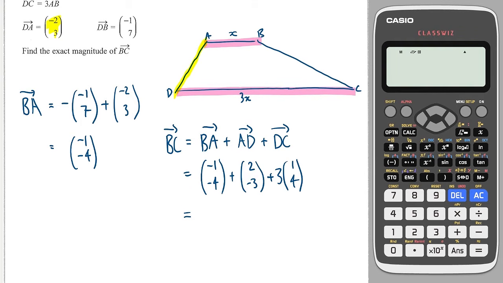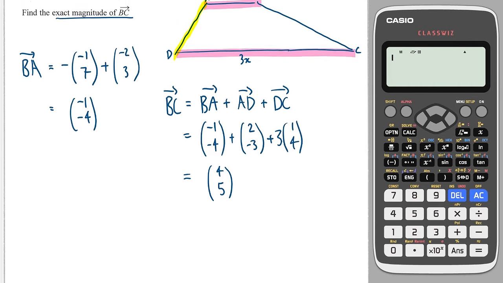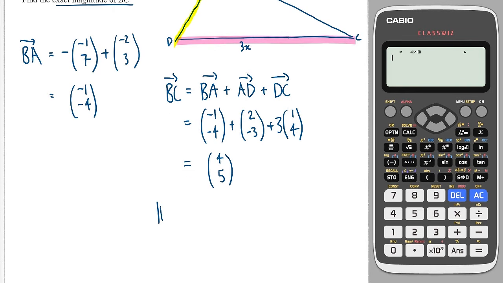Okay, this gives us, reading along, minus 1 plus 2 plus 3 is 4. And minus 4 minus 3 is minus 7. And then plus 12 is plus 5. And we're not quite done yet because it's asked for the magnitude of B to C. And the magnitude we write like this.